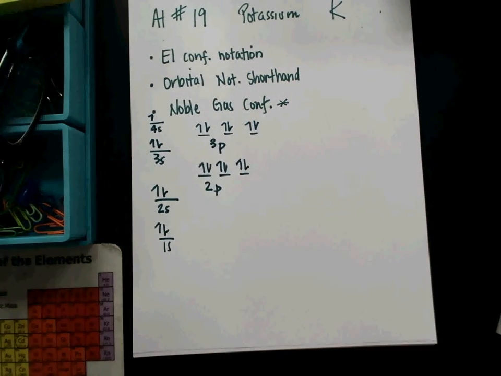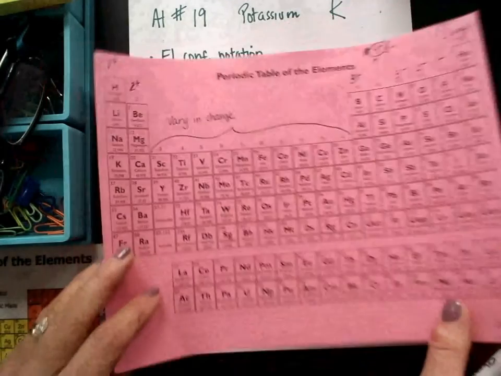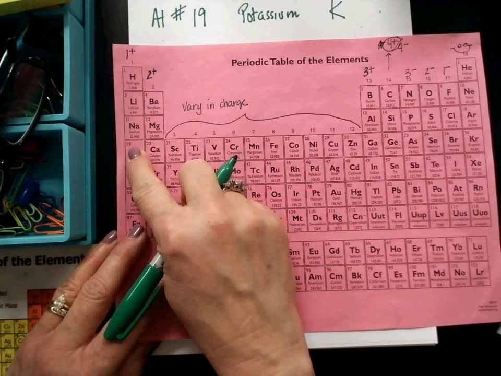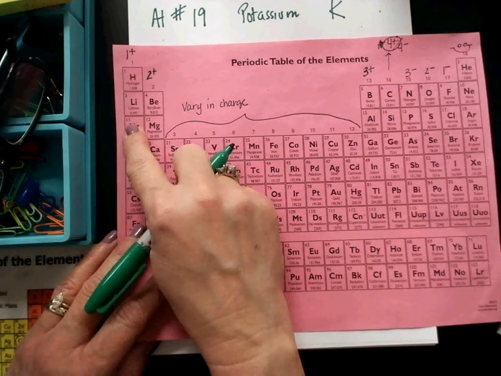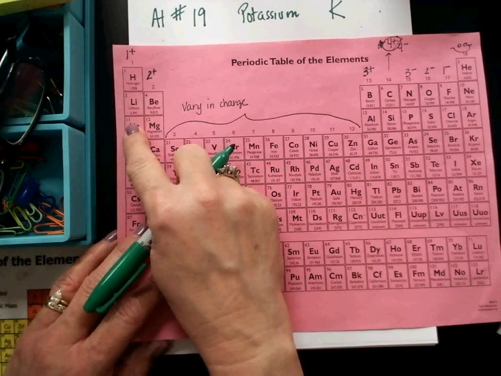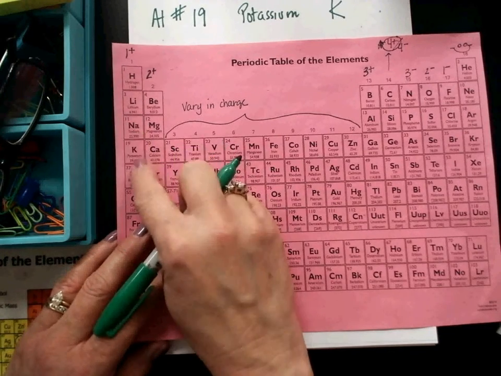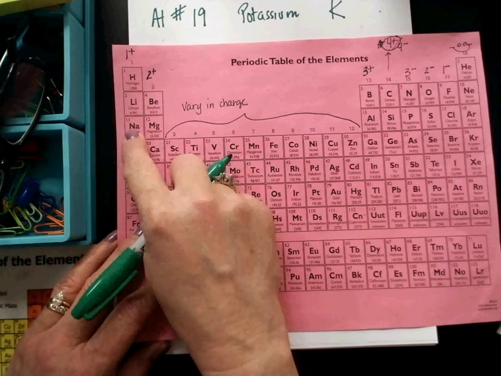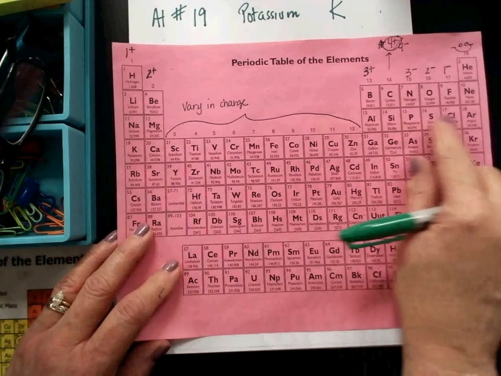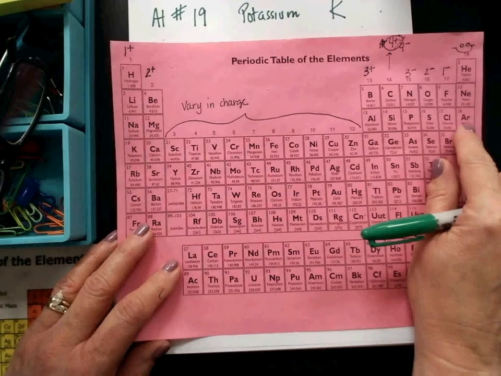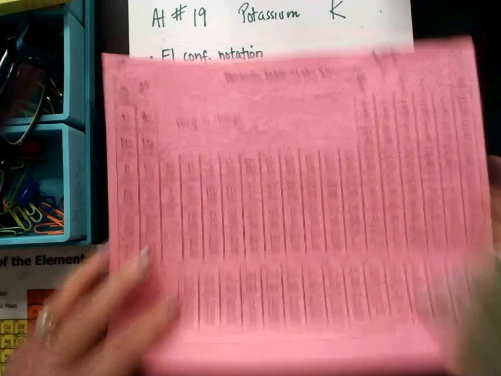Does it look like that? And then 4s1. Okay, so look at your periodic table if you have trouble with this and find potassium. Move up a row. You with me, Victor? Okay. Find potassium. Move up a row. All the way over. Find the noble gas. Noble gas is argon, correct?